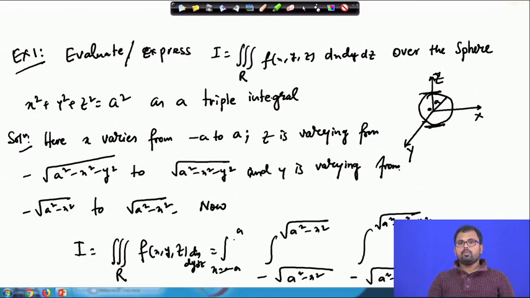So, this is the required form for this triple integral.